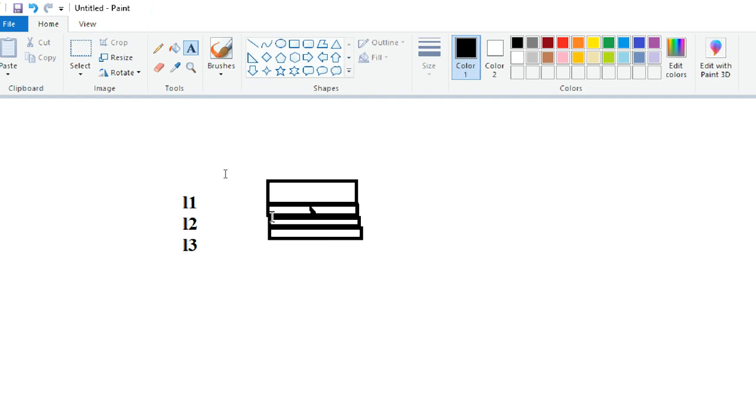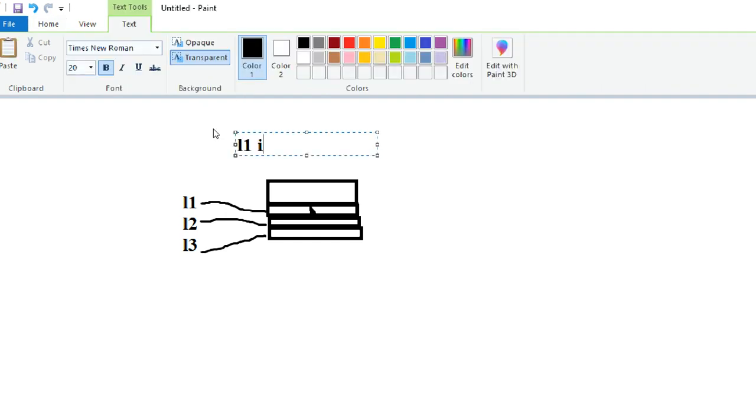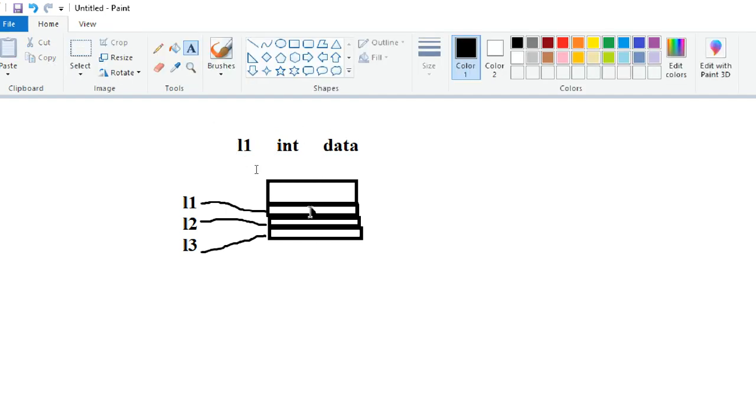In L1, the first layer is L1 cache memory, then L2 cache memory, L3 cache memory. These are three cache memories. And why did I divide this one? Because in L1 we have an instruction cache and a data cache. That's why it is divided like this.